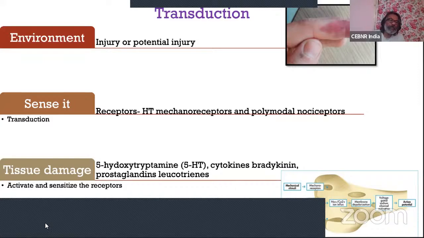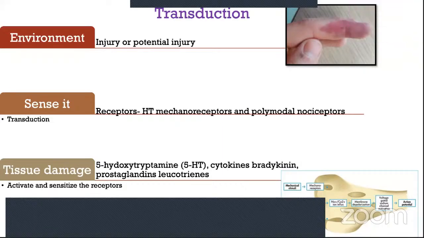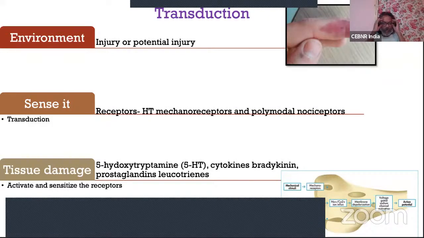Now, for us to understand how the environment is affecting us, we have a lot of receptors. You have photoreceptors in your eyes, you have mechanical receptors for vibration in your ears, and you also have receptors in your skin.